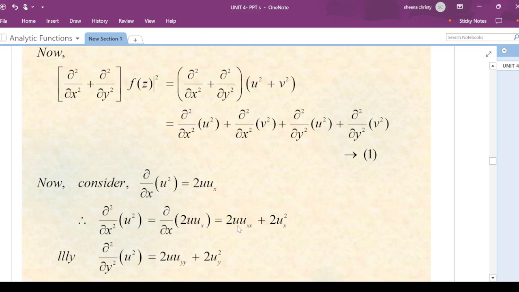So you are going to have 2 times u into dou square u by dou x square plus 2 times ux square. Likewise, you can write dou square by dou y square of u square. That gives you 2 times u into dou square u by dou y square plus 2 times uy square.